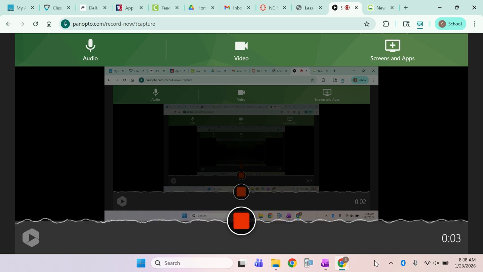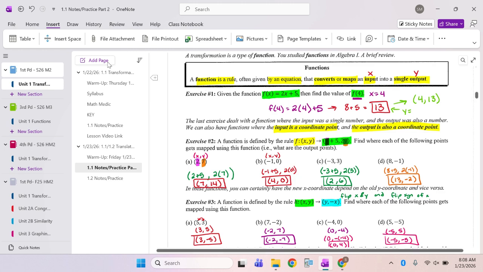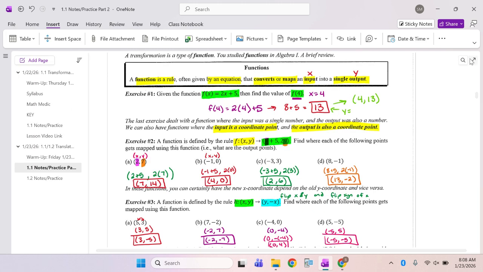So we're picking up where we left off yesterday, so page 1. All right, so yesterday we briefly talked about transformations, specifically how to read and evaluate the arrow notation.